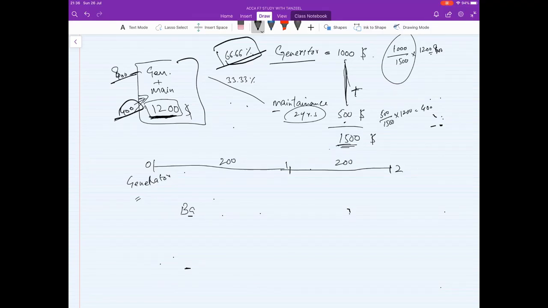How can I pass the entry? I will say debit cash. How much did I receive? 1200. Out of this 1200 I can book only 800.